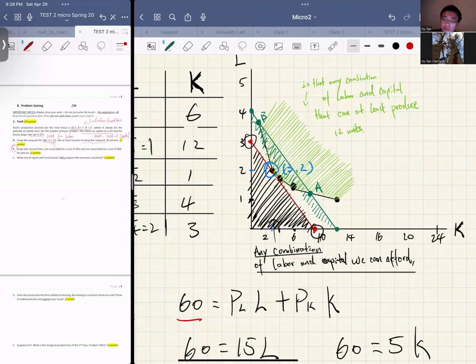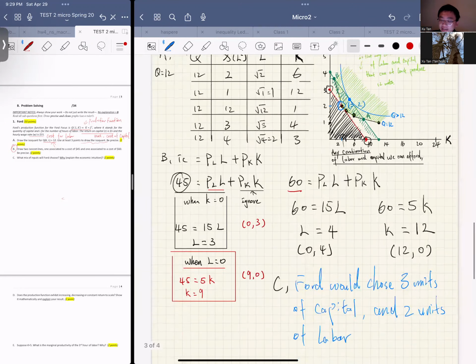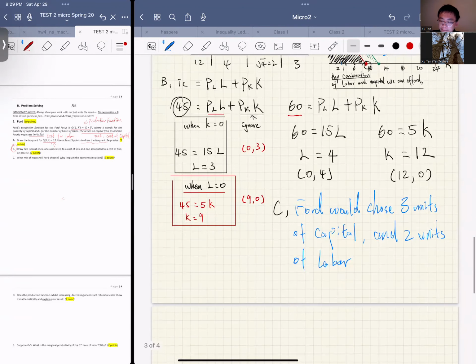We can potentially have another isocost line right here with a tangency where we can produce a quantity of output greater than 12. So this is Q equals 12, right? So it's not efficient. And we would never try to pay more if we can pay less, right? So the tangency point is our best combination of labor and capital to produce 12 units of output with the lowest cost. Okay? That's it.